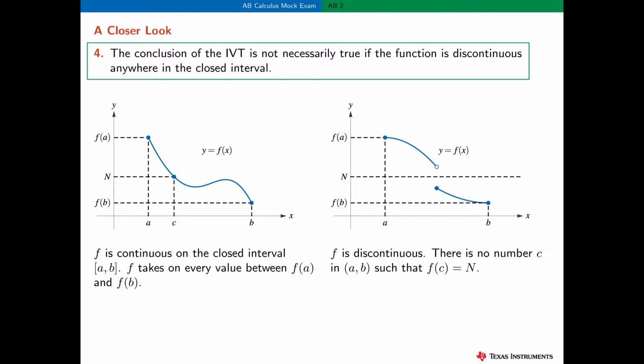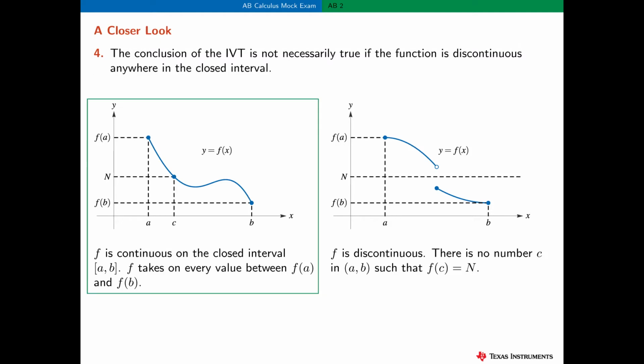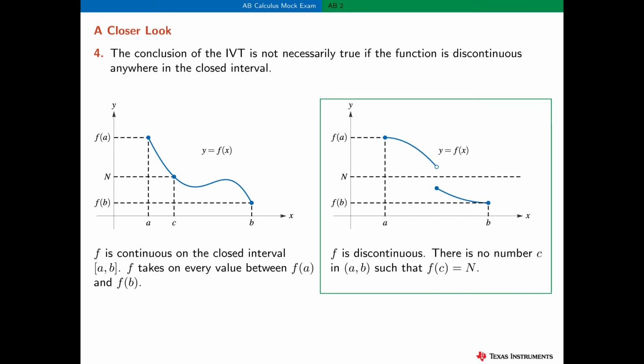Here are two graphs to illustrate the conclusion of the IVT, one that demonstrates what could go wrong if the function is discontinuous. In this graph, the function f is continuous on the interval a to b. Therefore, for any value N between f of a and f of b, there must be a value c between a and b such that f of c is equal to N. Now, this illustration shows f of a greater than f of b, and one such value c for the selected value of N. In this graph, the function has a point of discontinuity in the interval a to b.